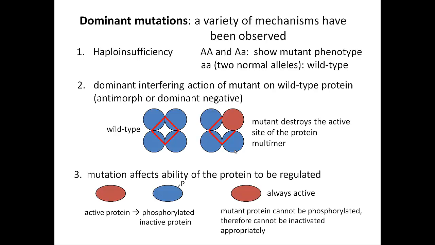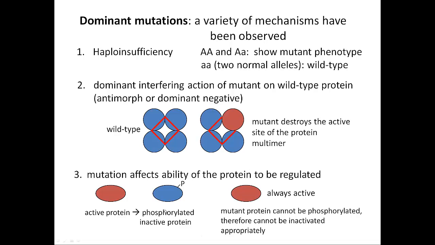A final way I'll mention that you can have a dominant mutation is a mutation that will affect the ability of a protein to be regulated. So a lot of proteins are regulated by phosphorylation. And so you have a particular amino acid that is required for phosphorylation. In this example, maybe the active protein is unphosphorylated, and then you phosphorylate it in order to inactivate it.